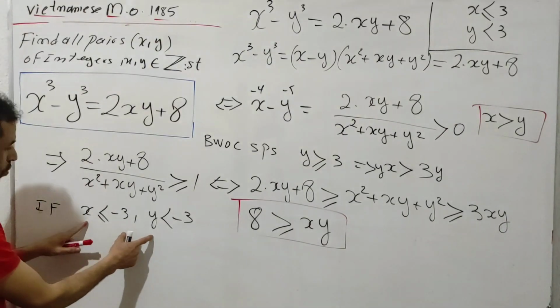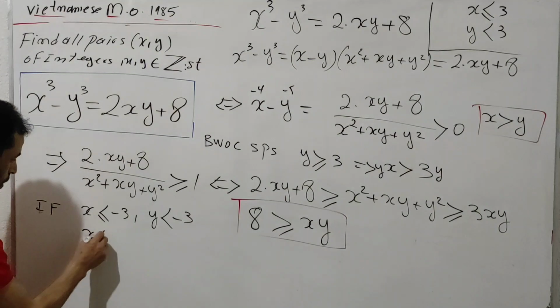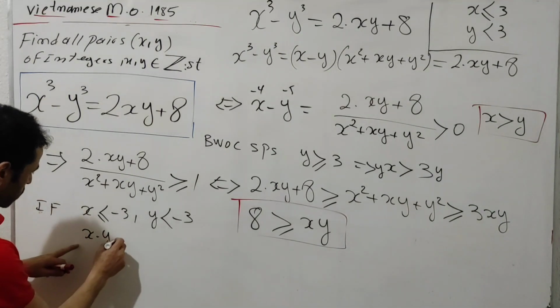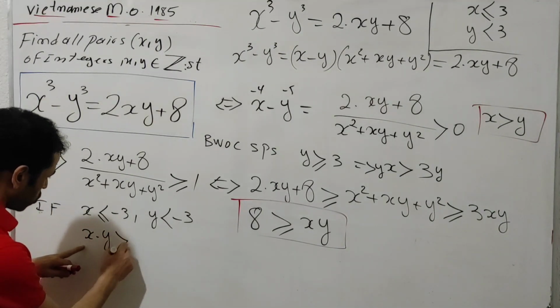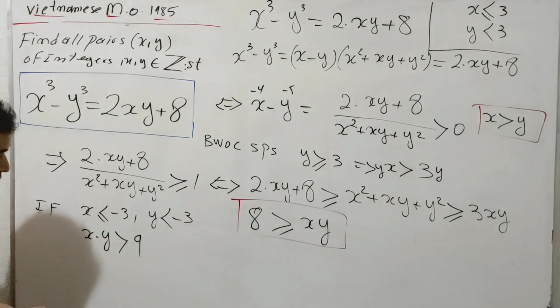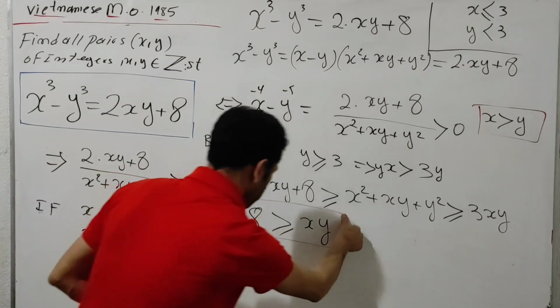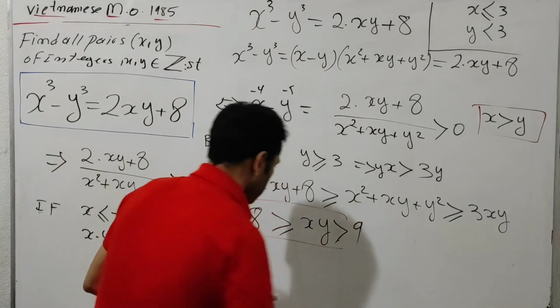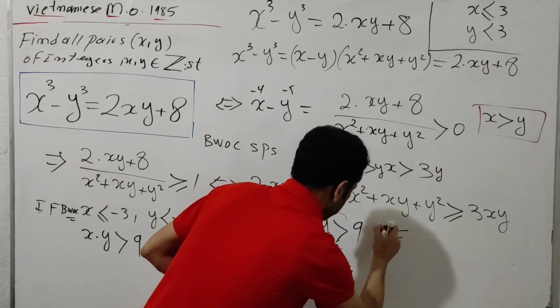When we make the product of x and y, x multiplied by y, this inequality will be flipped, okay? So it becomes x multiplied by y is strictly superior than 9, because both of them are negative. Then this inequality becomes like this. This is a contradiction.